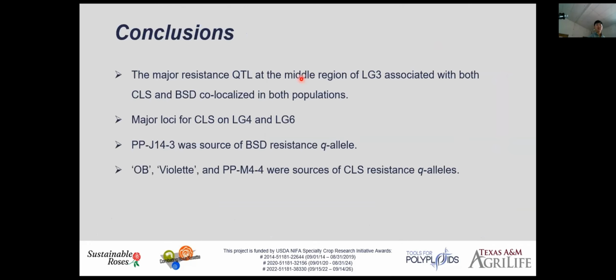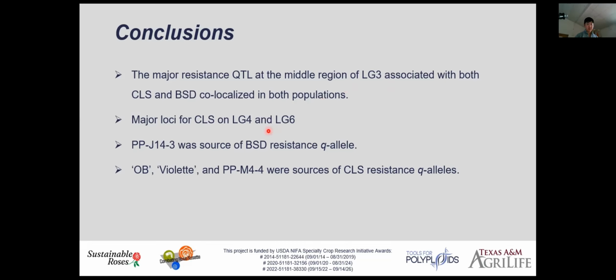So the conclusions on the diploid side are that major resistance QTL were found, and they co-localized on linkage group 3. Unfortunately, they are co-localizing in different directions, and they have different effects: Cercospora being a susceptibility allele, black spot being a resistance allele.